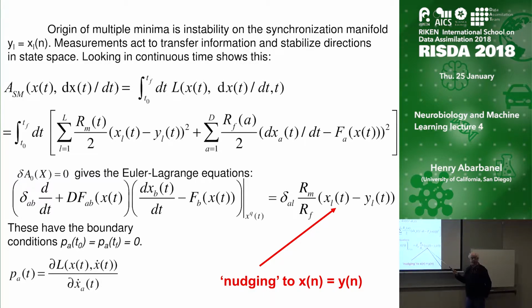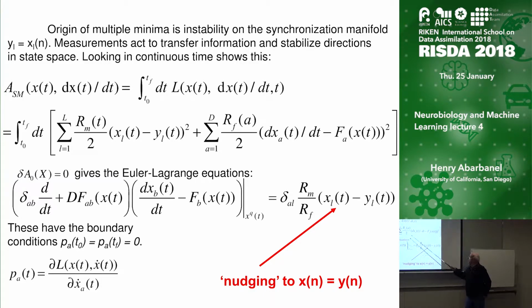Look here at the right-hand side. Anybody seen that this afternoon before? x minus y. Yeah. This is the nudging term, not for a first-order differential equation, but appropriate for what the Euler-Lagrange equation is. Once you give me the standard model, this is just arithmetic to give you this differential equation.